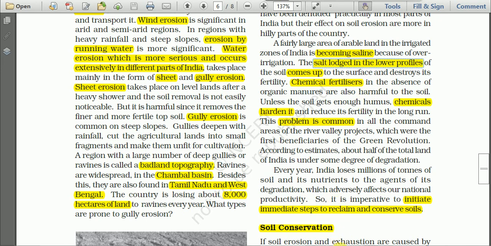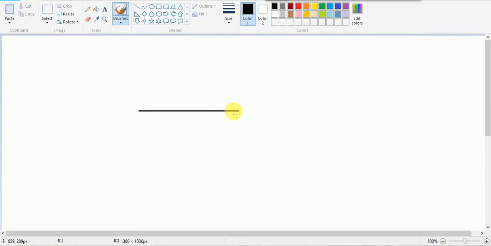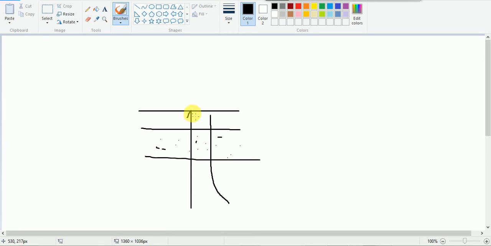As I explained earlier in the previous classes, just see here, this is the topmost layer, and here in the B or C horizon, let us say some salts are present, and water from the underground rises upward due to capillary action.